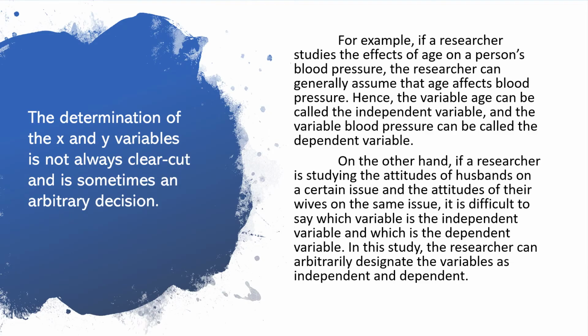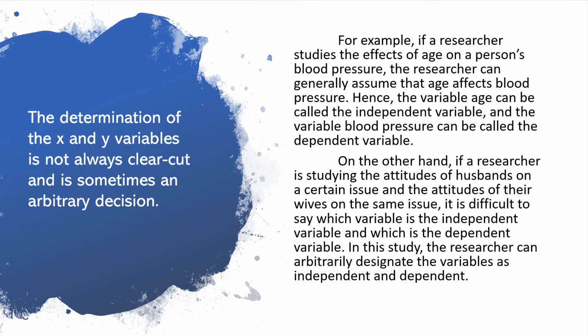The determination of x and y variables is not always clear-cut and is sometimes an arbitrary decision. For example, if a researcher studies the effects of age on a person's blood pressure, the researcher can generally assume that age affects blood pressure. Hence, the variable age can be called the independent variable, and the variable blood pressure can be called the dependent variable.